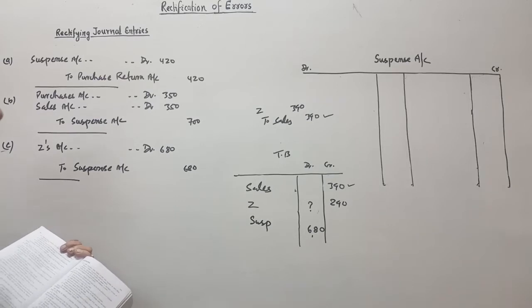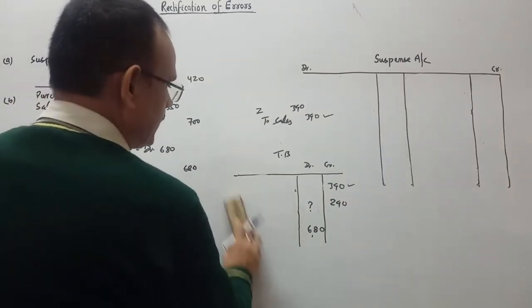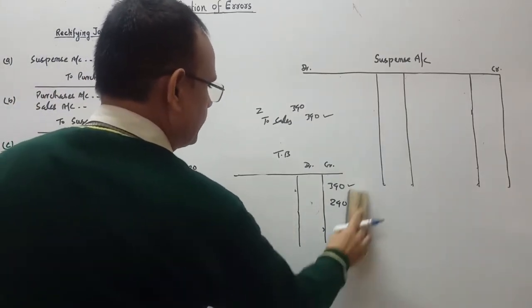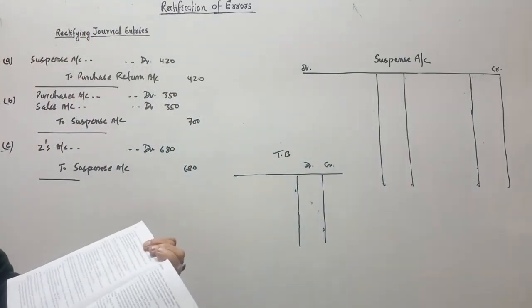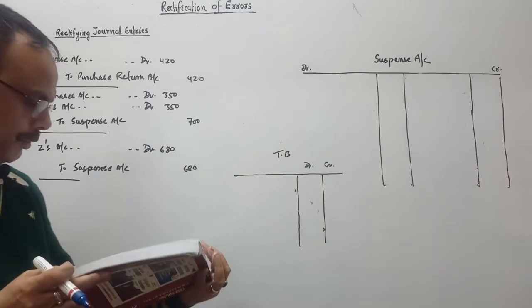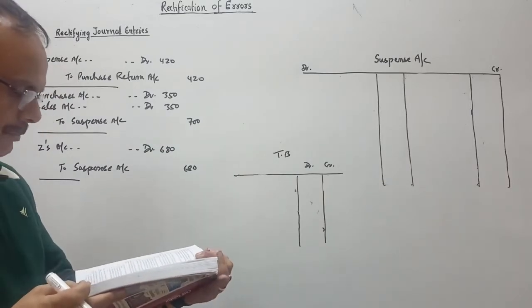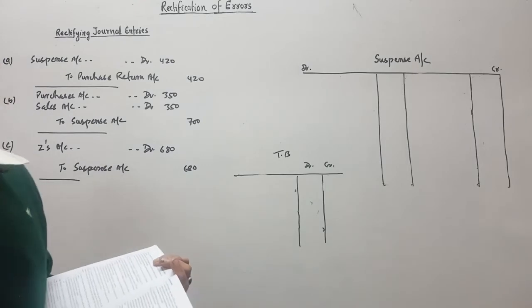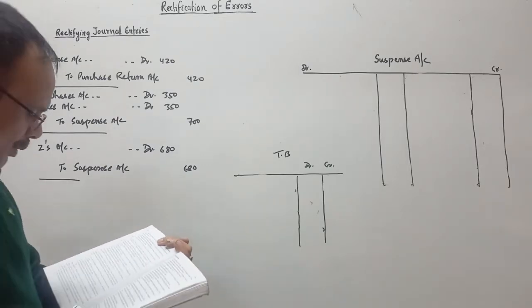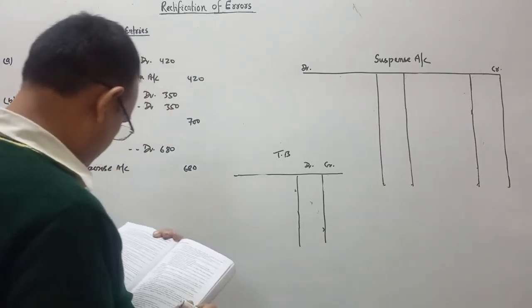Okay. Now see the next transaction, next error. The next error is old furniture sold for rupees 5,400 has been posted as 4,500 in the sales account. Okay, old furniture sold.